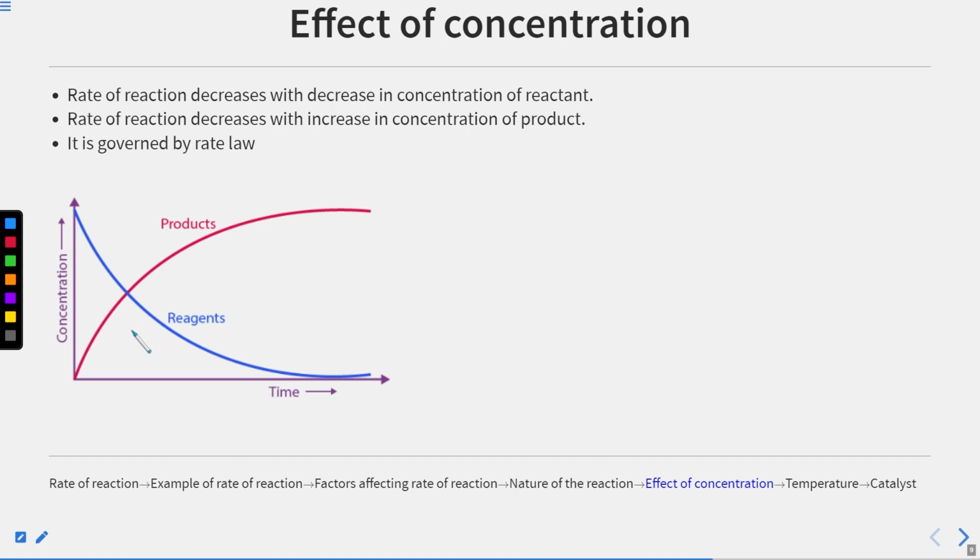Since it is a concentration axis and a time axis, the slope of whatever graph we get is the rate of reaction. Now what will happen if this slope decreases? The rate of reaction will decrease.